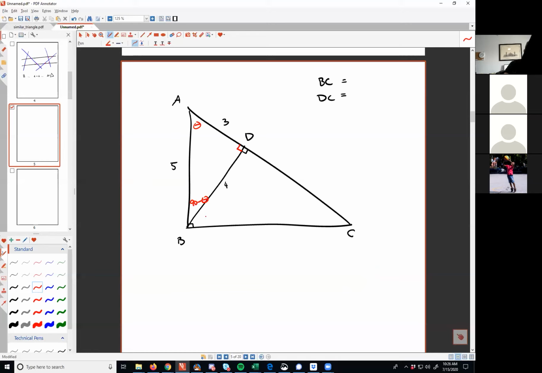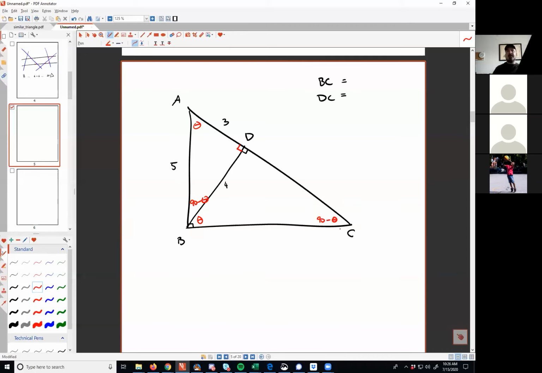And if that angle is 90 minus theta, what is angle DBC? Theta. Yeah, we have those complementary angles that add up to 90. And what is the angle at C? 90 minus theta.